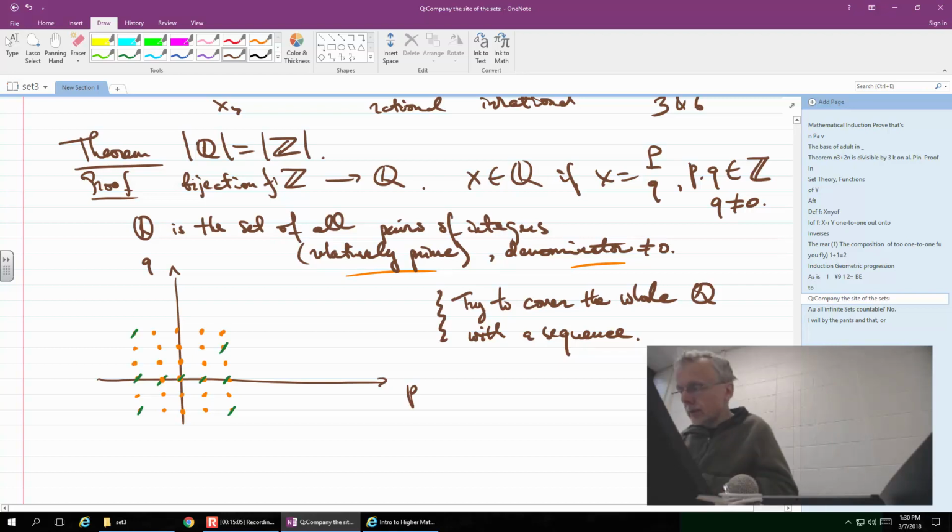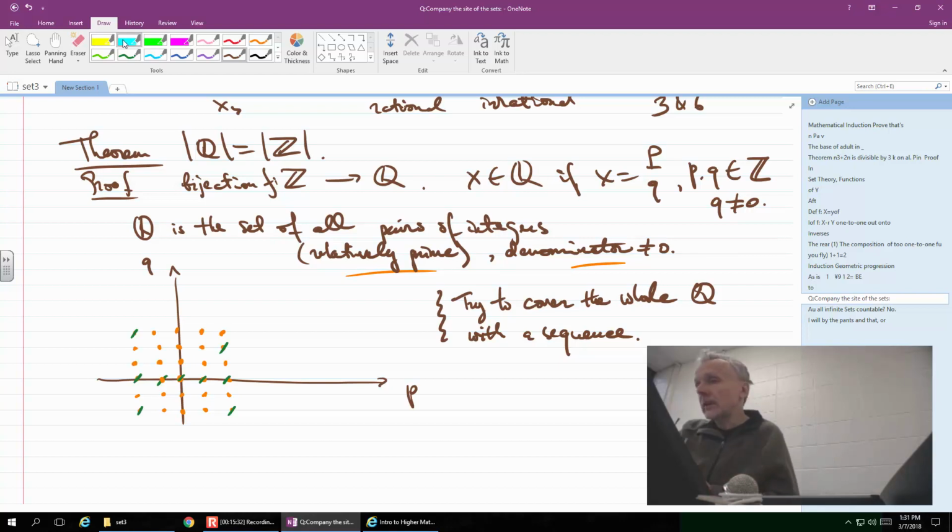It's one of those smart ones, but you can guess. So in other words, you have to come up with a scheme to pass through all of these orange dots. You can even throw out the green ones, or not. If we cover the green ones too, that's okay. It will still be countable.